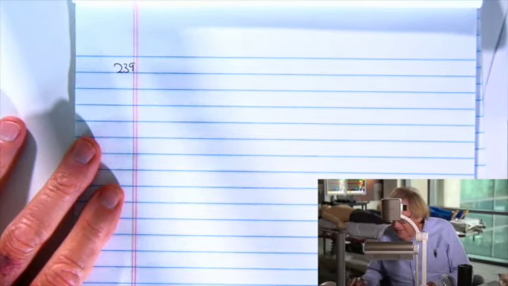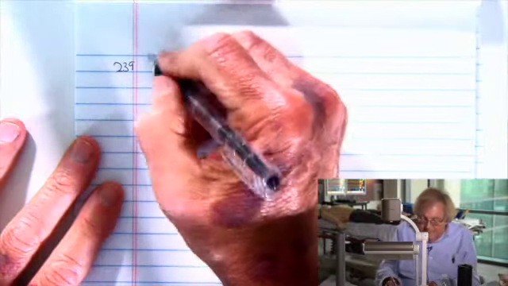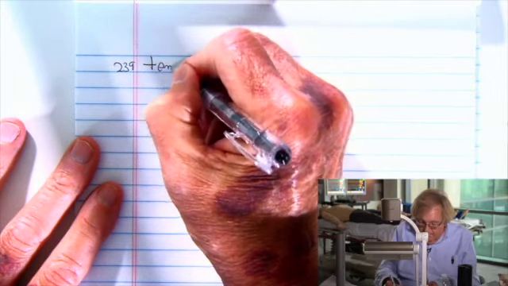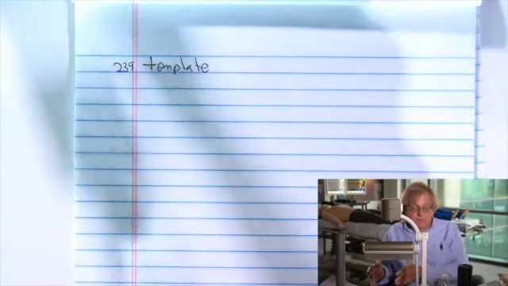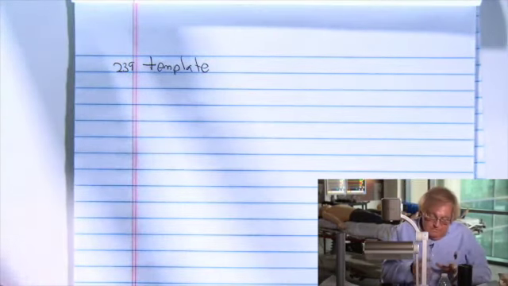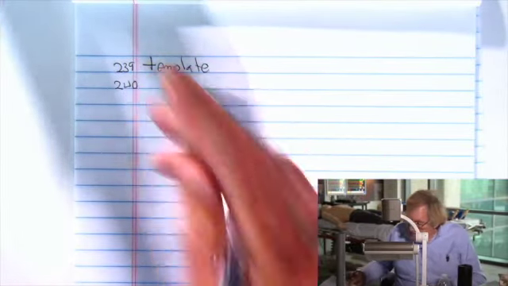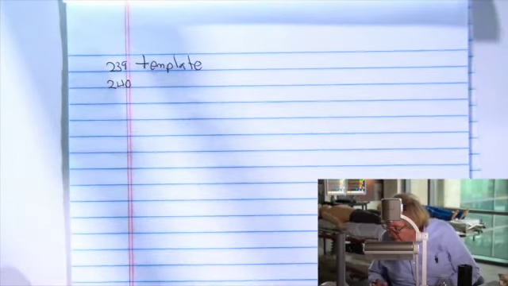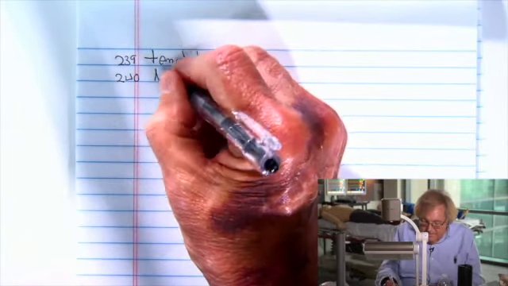239 says cartilage is just something for bone deposition. Remember, cartilage is nothing more than a template. You can't turn cartilage into bone. You can just deposit bone cells where cartilage cells were. 240 says cartilage, what becomes bone? And the answer is never.